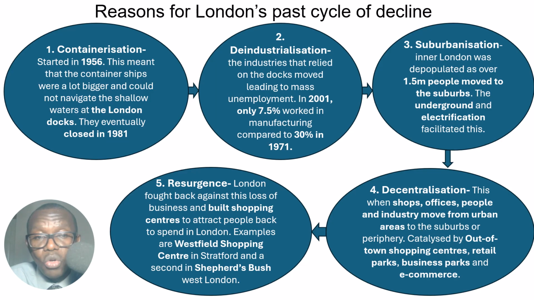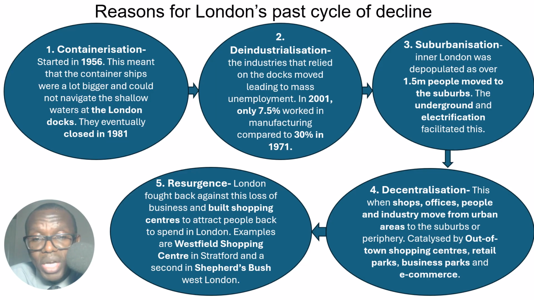Now, following the closure of those docks, deindustrialization took place. And this is because the industries that relied on these docks could no longer get goods brought in through the River Thames or the London docks, nor moved out after the manufacturing process. They could not be sent out to market because the docks had closed.